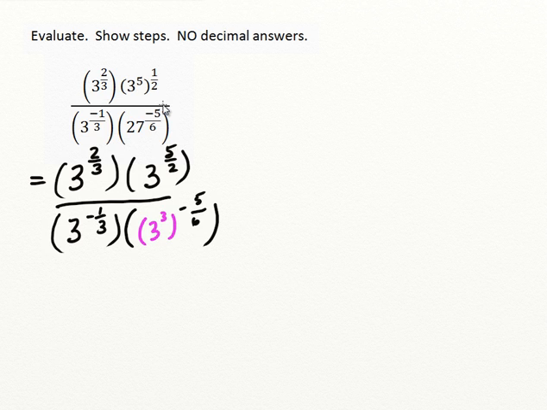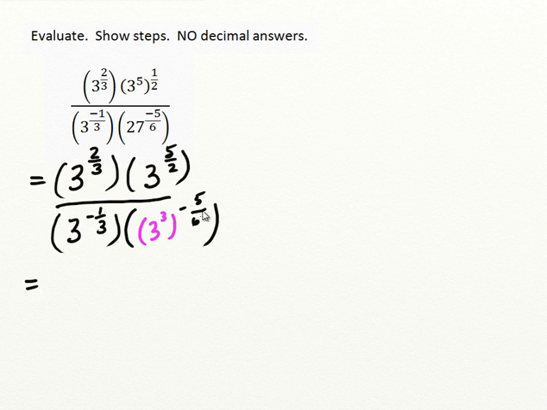So the approach when we're told that we cannot have a decimal answer is that we have to get these bases to be the same, then use our exponent laws to combine the exponents together, and then we will have a very much simplified answer at the end, and then we can just evaluate very quickly. So be careful with that. If you say no decimal answers, you can't just plug it into your calculator and get a solution. Okay?